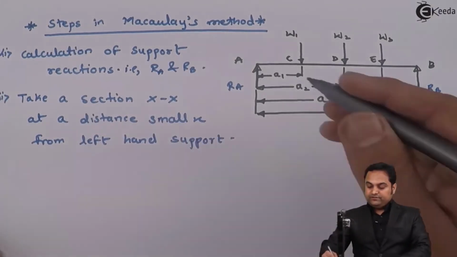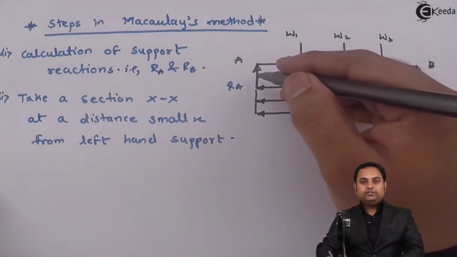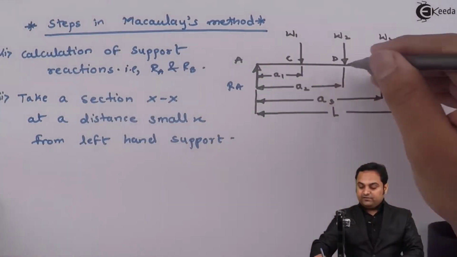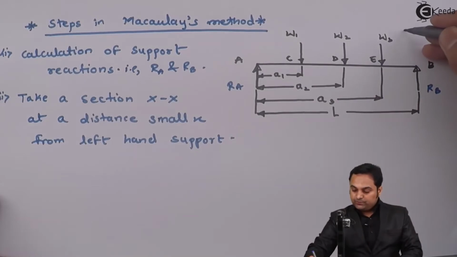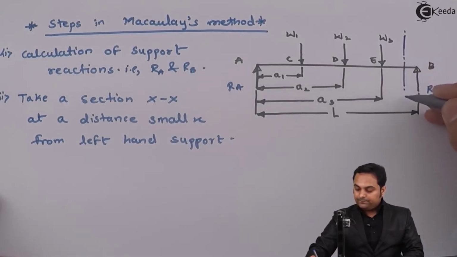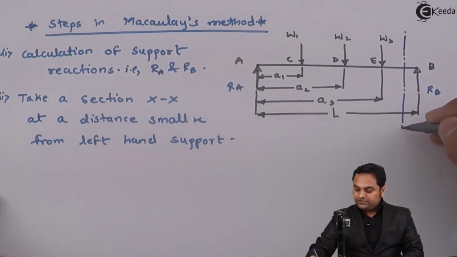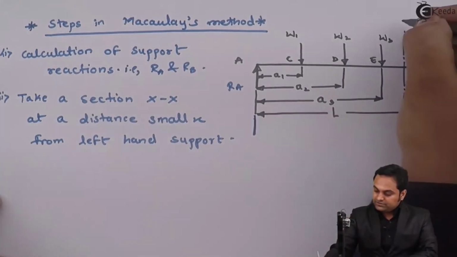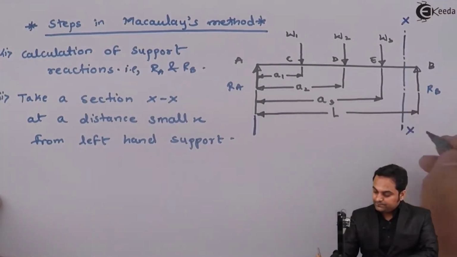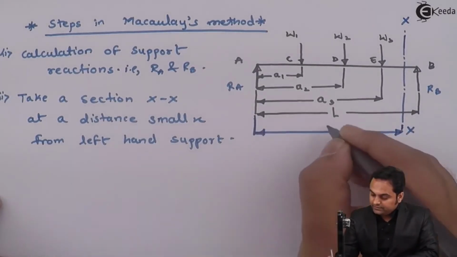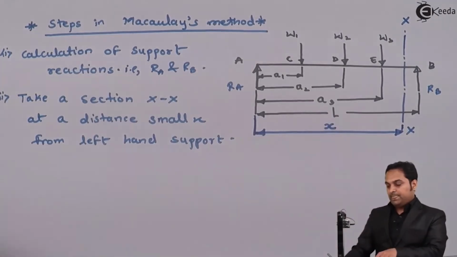So here left hand support is point A. So from point A we will consider a section X extreme far away from the left portion. So suppose I am taking the section here that is extreme far away from A and just before B. So this is the section XX located at a distance small x.